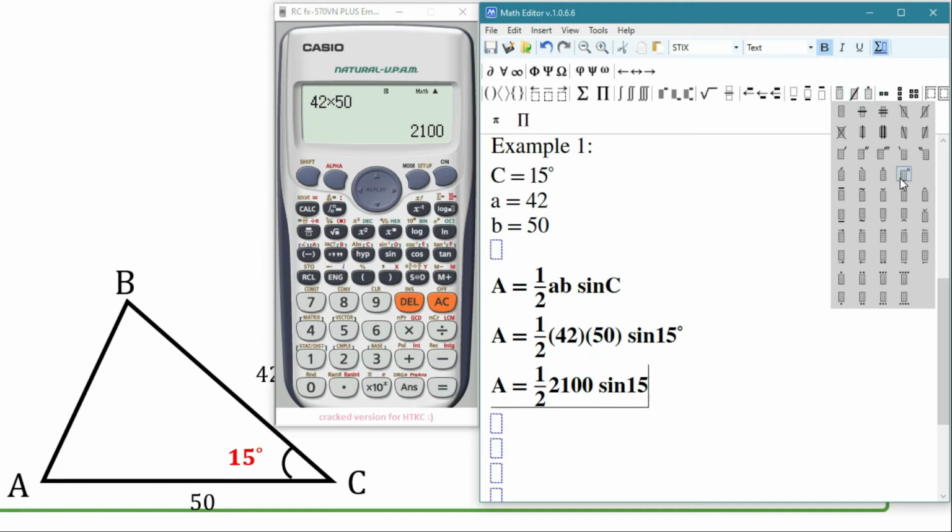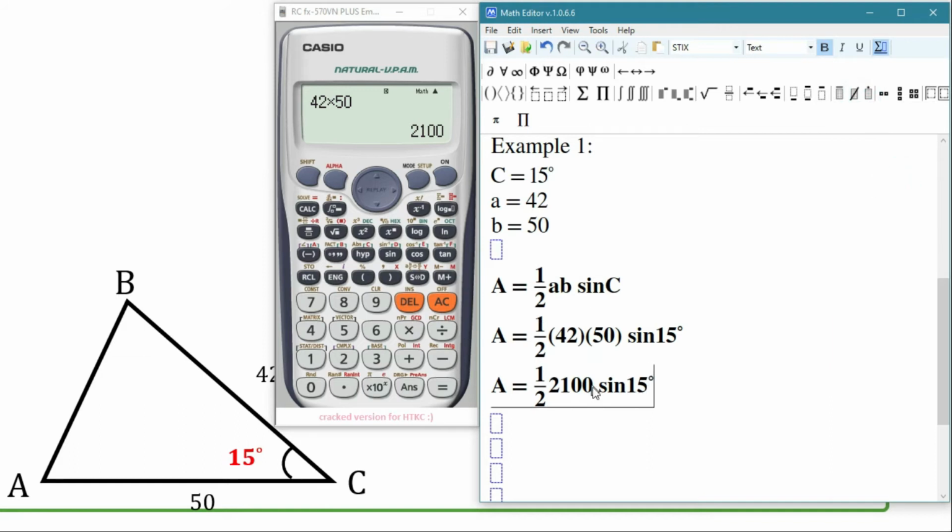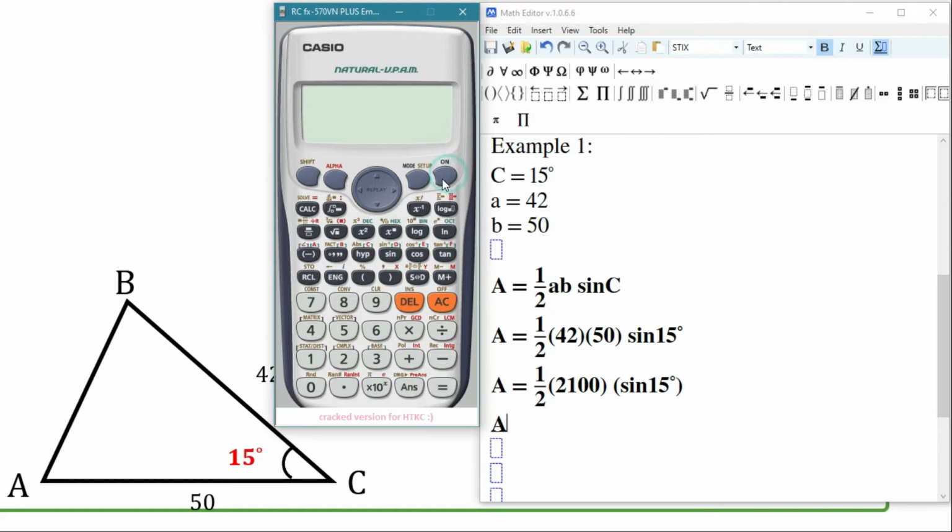Okay? Actually, pwede naman natin siyang idiretso na sa calculator. Lagyan lang natin parenthesis dito. Alright, there you go. So the area would be, diretso na po natin sa calculator since we are blessed with technology naman.